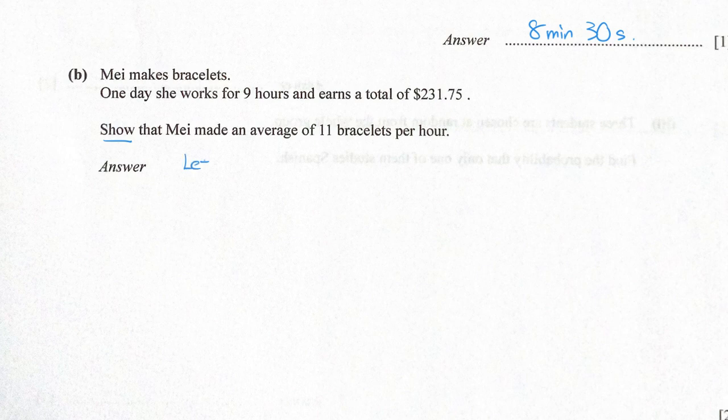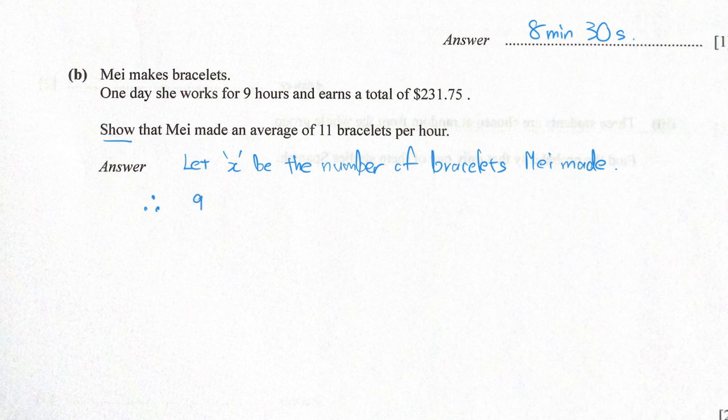So let's first let x be the number of bracelets May made in total. Okay, so based on the basic and additional amount: the 9 hours worked multiplied by the basic rate of $9.80, added to the number of bracelets she made, where one bracelet earns $1.45.